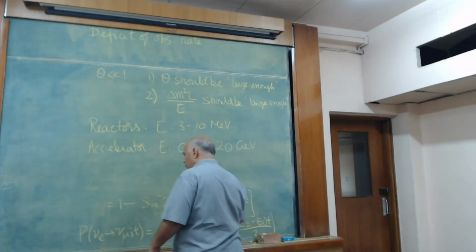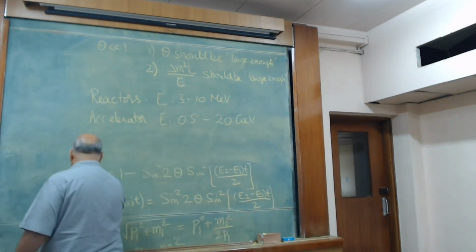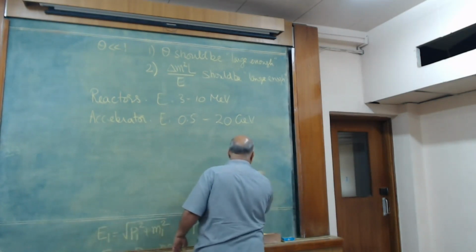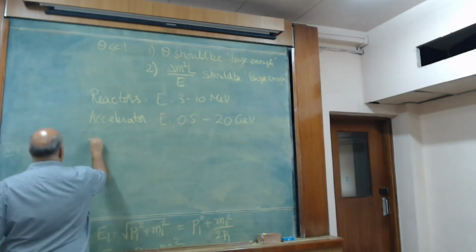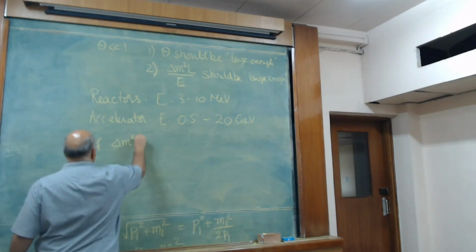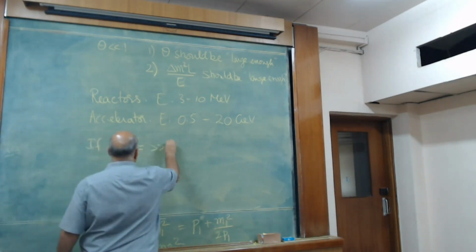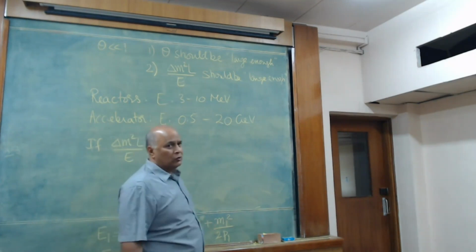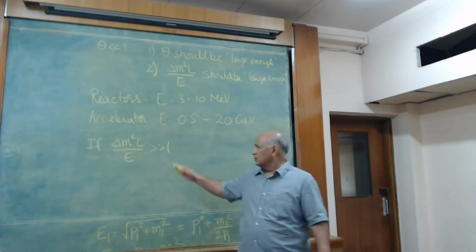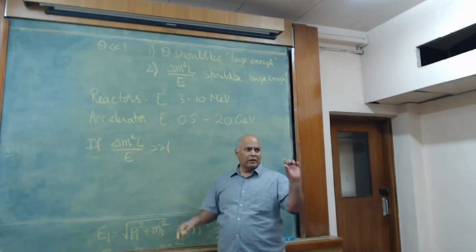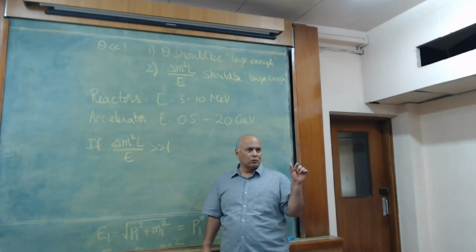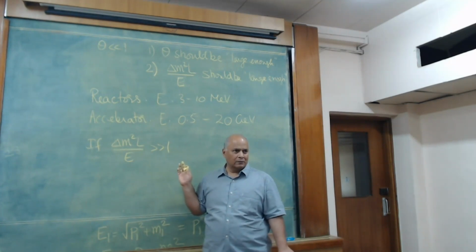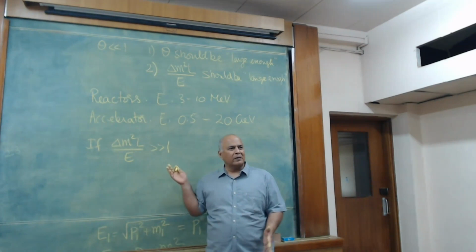So if the value of delta m square or the value of L is chosen to be rather large, then if I change E by a factor of 3, let's say for E max, this number is 10. For E min, this number becomes 30.